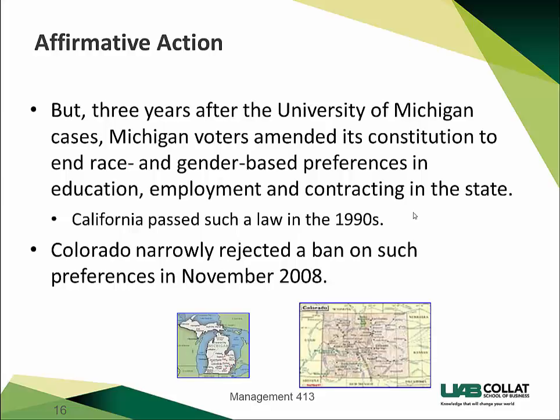The University of Michigan about 10 years ago did exactly that. They had various plans for increasing the percentage of African Americans in their various schools at the University of Michigan.